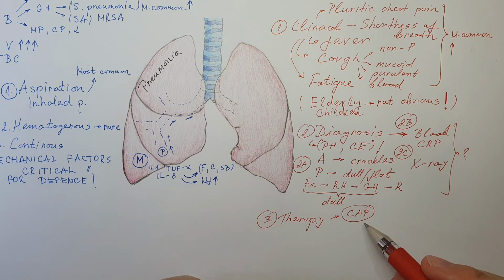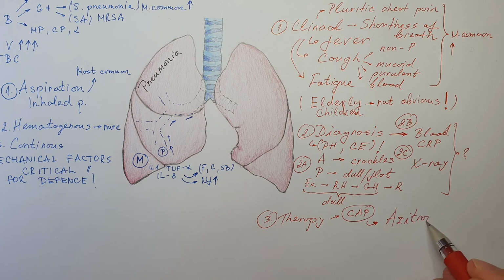In these patients, you can use a drug that is given very often today and that is proven to treat these patients very well, azithromycin. 500 milligrams, 1 tablet a day for 3 days. So this is a very good drug, and most of the time it clears these pneumonias.